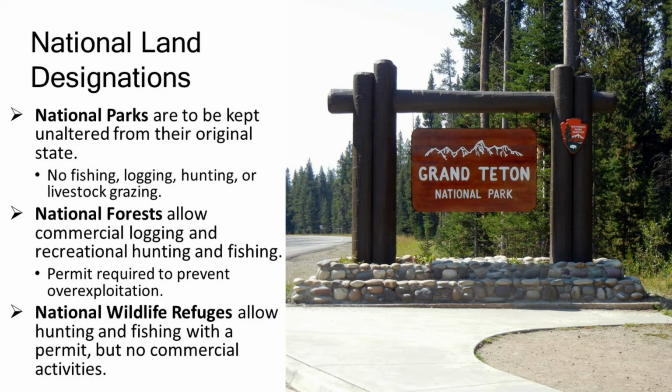For the national forest, the following activities can be done, such as commercial logging and recreational hunting and fishing, but with a secured permit to prevent overexploitation. And the national wildlife refuges allow hunting and fishing with a permit, but no commercial activities.